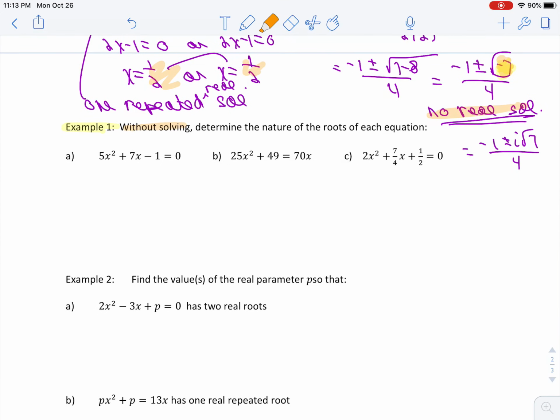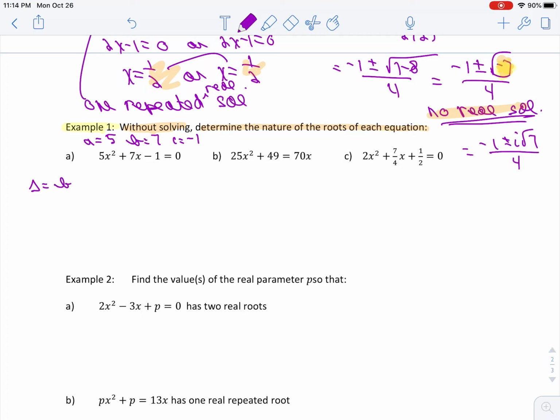So in example 1, it says, without solving, determine the nature of the roots of each equation. So what they mean is don't go all the way to the end of what the solutions to the equation are. Just use the discriminant. We still need to know the values of a, b, and c. So in this one, a is 5, b is 7, c is -1.